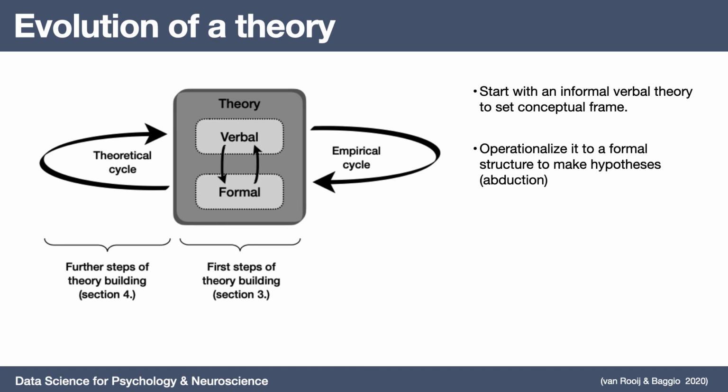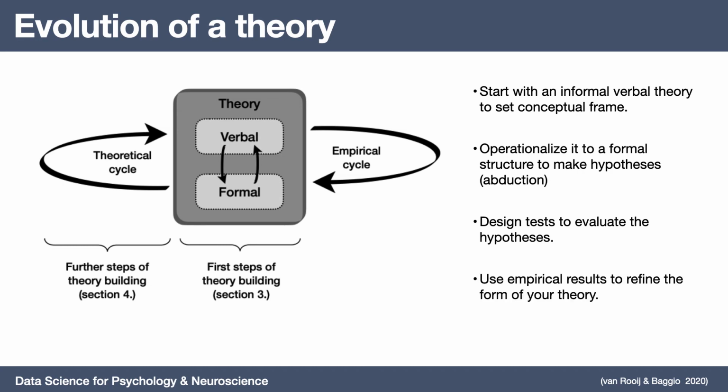Then operationalize it to a formal structure to make hypotheses, the act of abduction. So once you have a verbal theory, make a very quantitative hypothesis with which you can test your theory. Design tests to evaluate the hypothesis, and use empirical results to refine the form of your theory. And do it all over again.